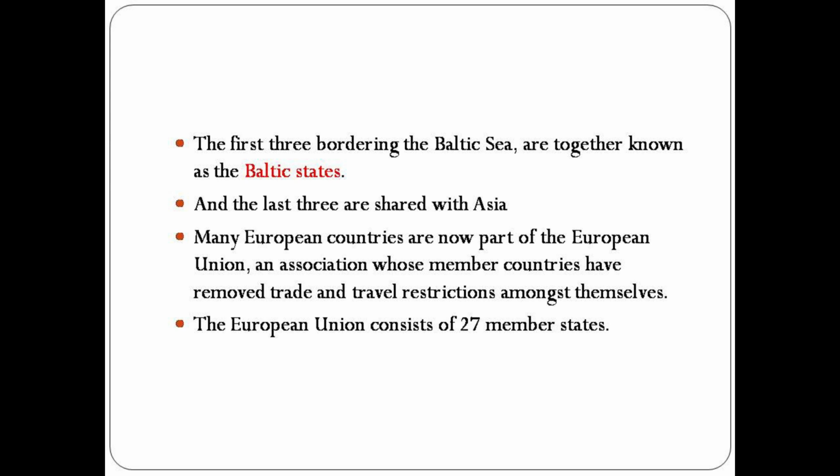Many European countries are now part of the European Union, an association whose member countries have removed trade and travel restrictions amongst themselves. The European Union consists of 27 member states. My dear students, here you have to take a note of these 27 member states in your notebook.